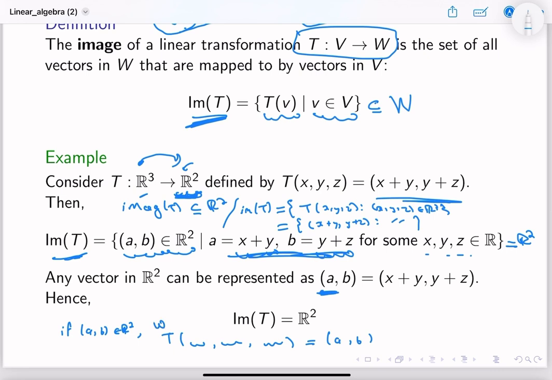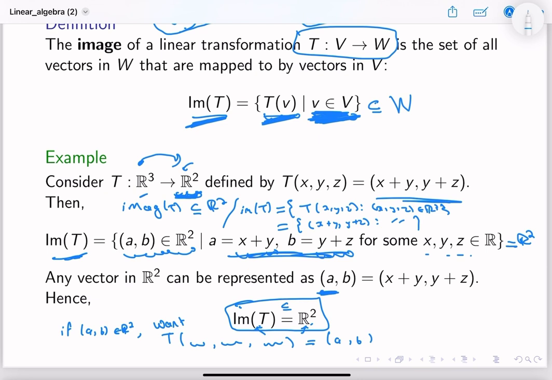The reason we're showing this is that we're claiming the image is equal to R2. We know the image is a subset of R2, and now we take an element of R2 and try to show it is in the image. An element is in the image if there is a v in the domain such that it equals T of v.